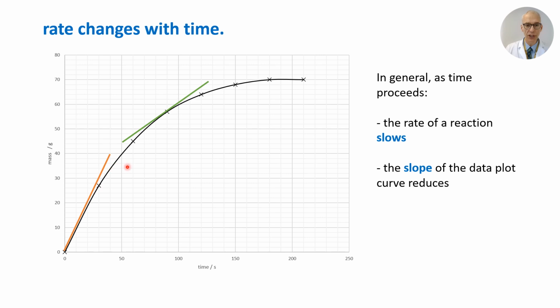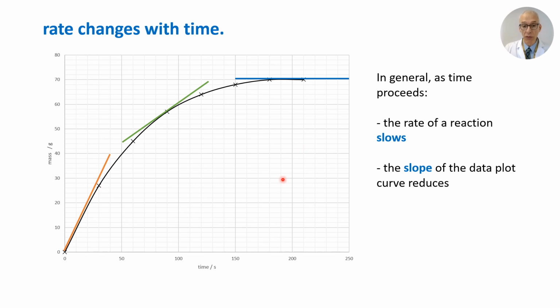If I drew another tangent to the curve at 90 seconds, again, this line is touching the curve at one point. It is a tangent. That point is at 90 seconds. We can see that the gradient or the slope of that tangent is less. Therefore, we can conclude that initially the reaction is faster, and then after 90 seconds, it is slower.